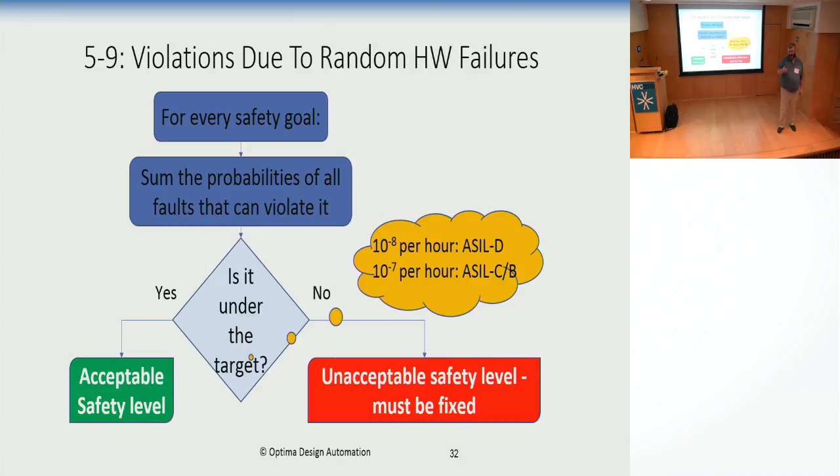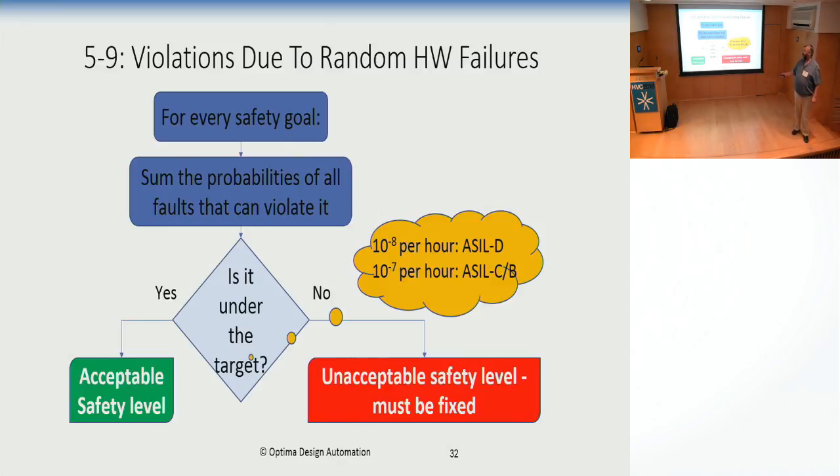You can get a reasonable metric of the probability, and you get a target of 10 to the minus 8 per hour for ASIL D and 10 to the minus 7 per hour for ASIL C and B. D, if you remember before, we saw it in the table, is the critical one. B and C are less critical.